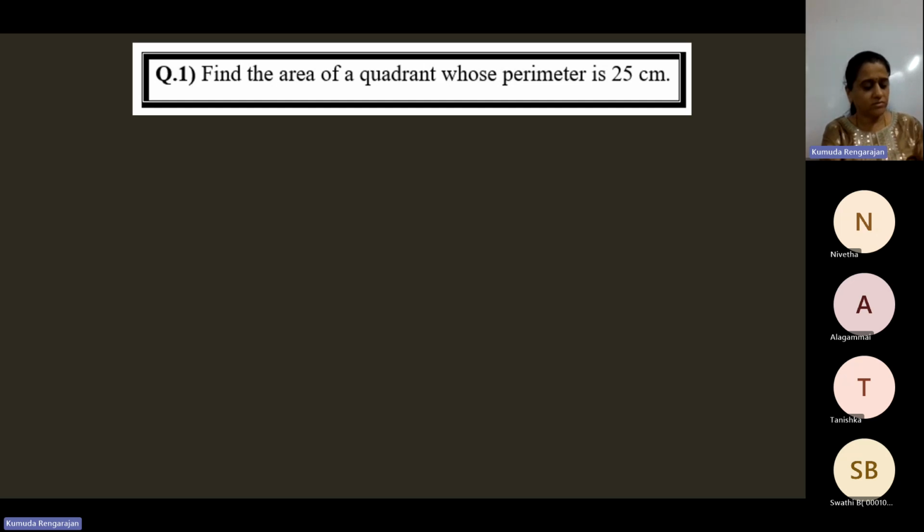Then how can you find the area? This is correct. Then you need theta by 360 into 2 pi r.